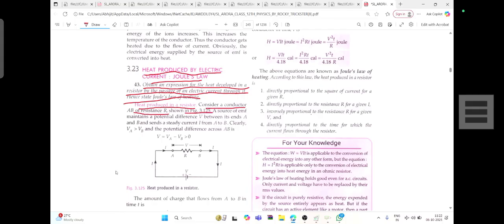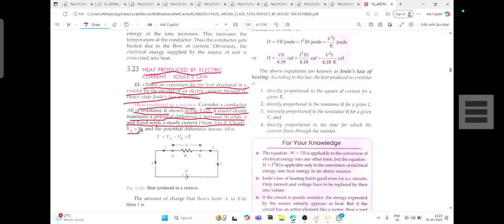A source of EMF, the battery, maintains a potential difference V between its ends A and B and sends a steady current I from A to B.